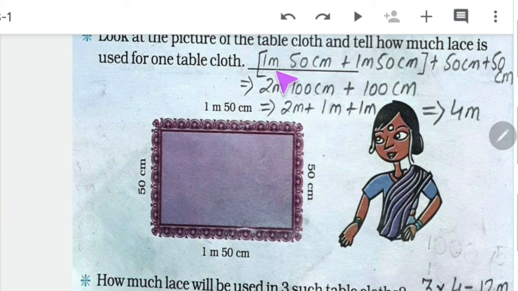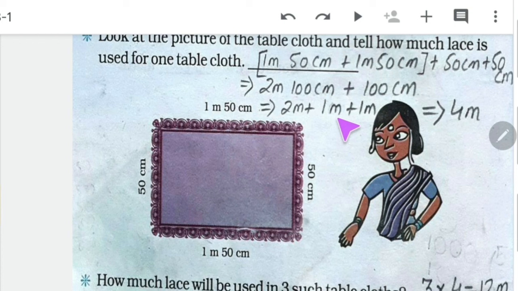So what we have to do, we have to add this 1 meter 50 centimeter with this 1 meter 50 centimeter. So it will come 2 meter 100 centimeter. And this 50 centimeter added with 50 centimeter, we get 100 centimeter. And we all know that we have 100 centimeter in a meter.